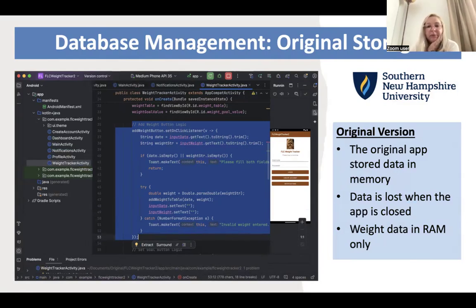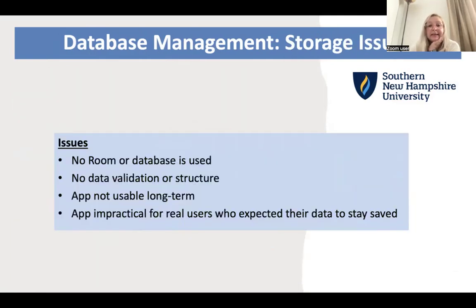It was very simple. There was no storage in the original app. The storage issues were: no Room or database usage, none at all, only memory, no validation or structure, and the app not usable long term because once you close it you lose everything.